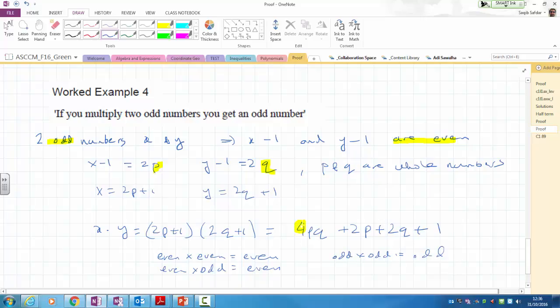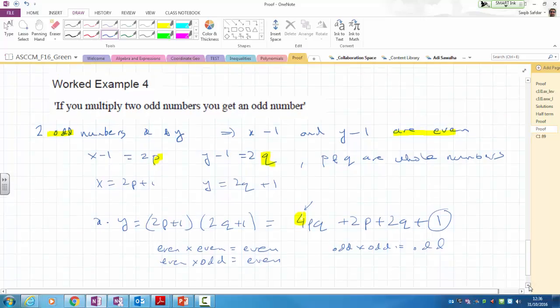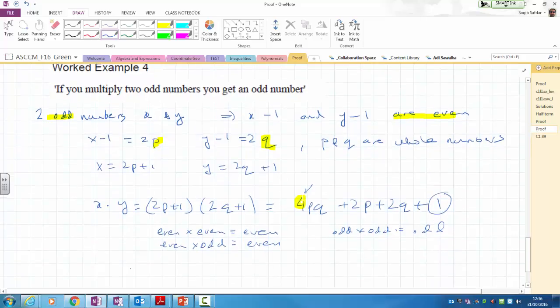And because we've got this even number in here, we know this must be even, that must be even, that must be even, and then therefore they all add up to give you an even number. But because we then add the 1, the final one over here, it will give us an odd number. So maybe we should write that down.